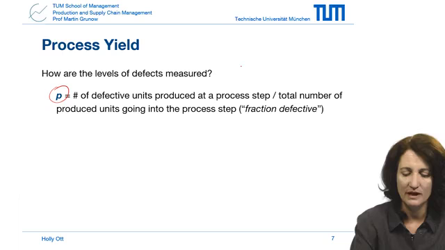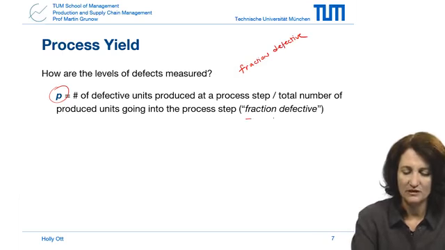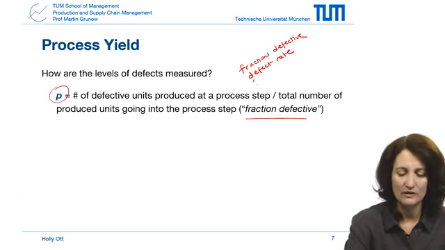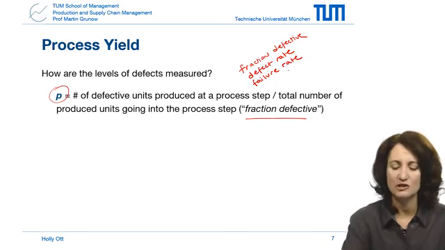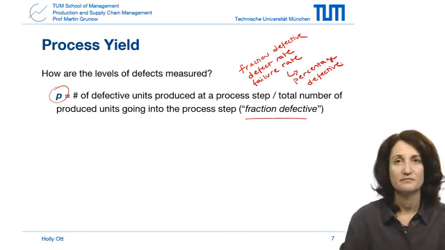This is also known as the fraction defective, or sometimes called the defect rate or the failure rate. Sometimes you hear those terms. And if you convert that into a percentage, then we get the percentage defective.